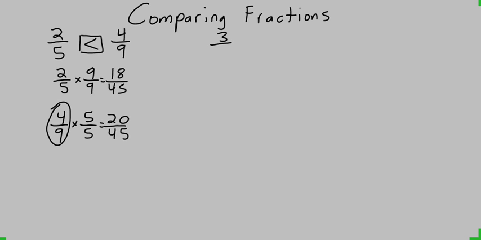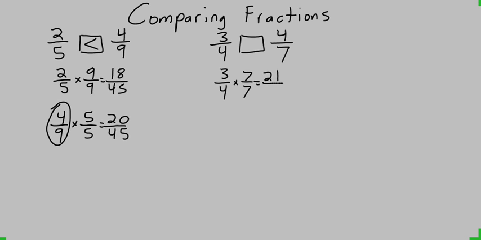So if we look, we go 3/4 compared to 4/7. So once again, a 4 cannot be turned into a 7 using multiplication. So we got here 3/4. I look at my other denominator. The other denominator is 7. So I'm going to multiply by 7 over 7.